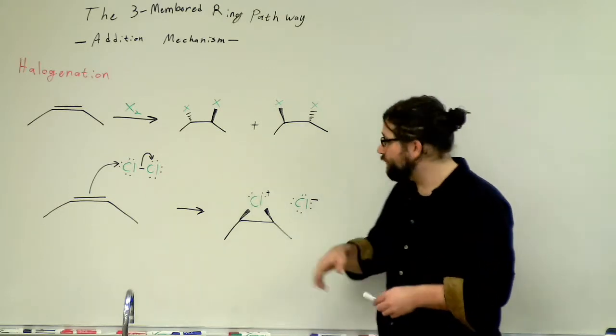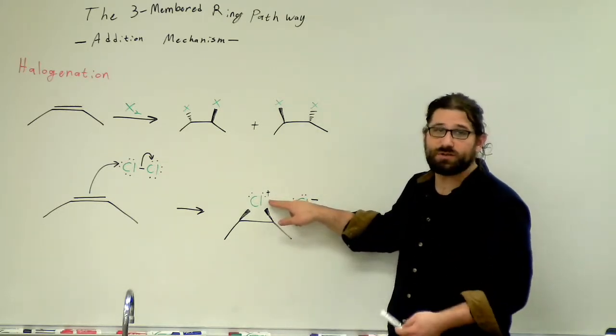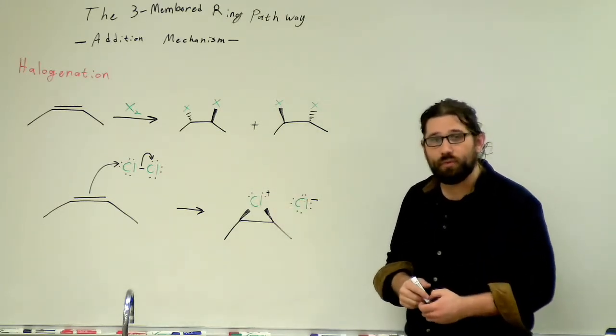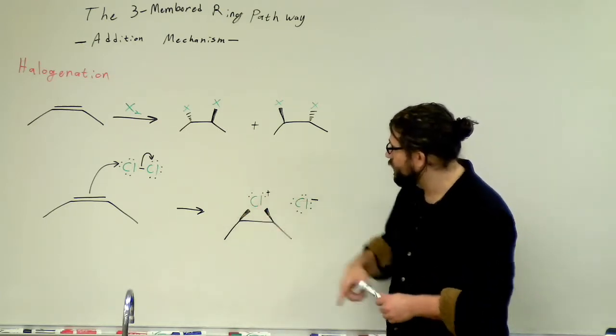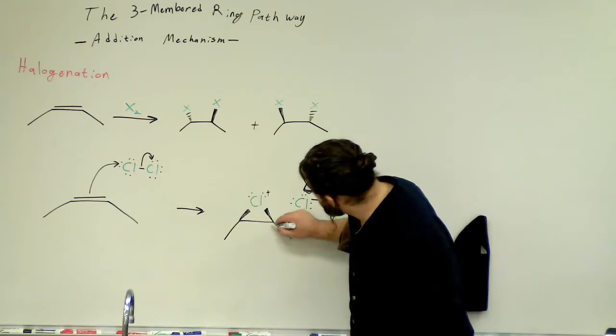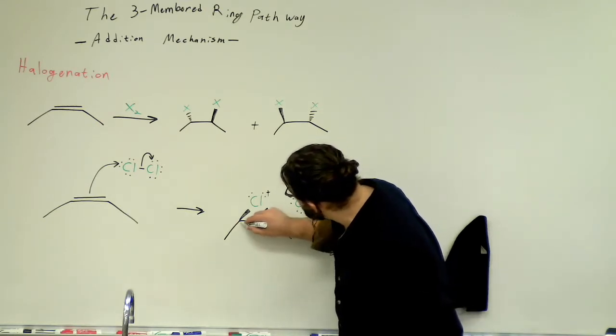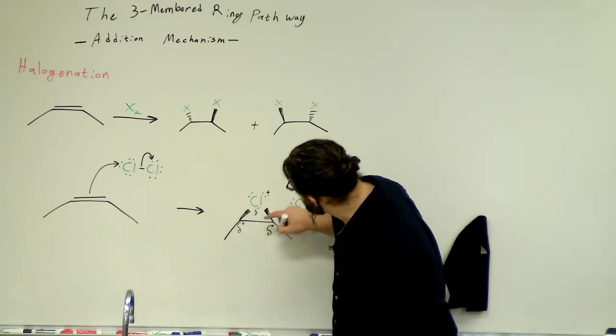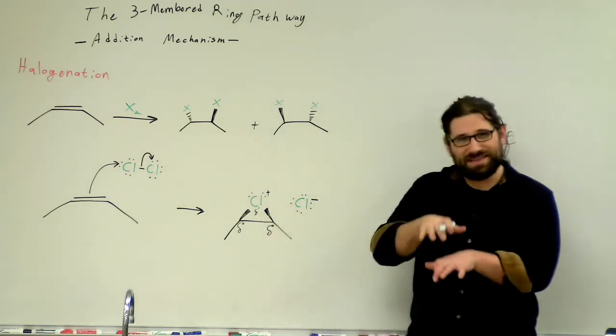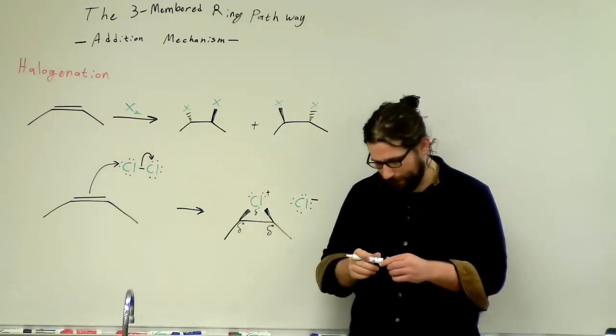And so even though we have a formal positive charge on this chlorine, we're going to end up with a dipole across these two bonds, resulting in a partial positive charge on each carbon and a partial negative charge up here, kind of in the space of that three-membered ring.